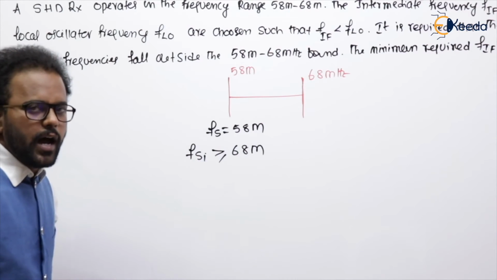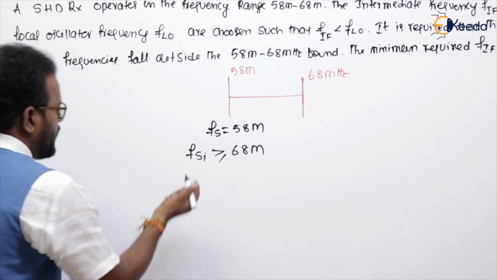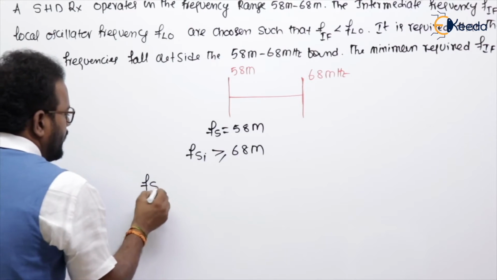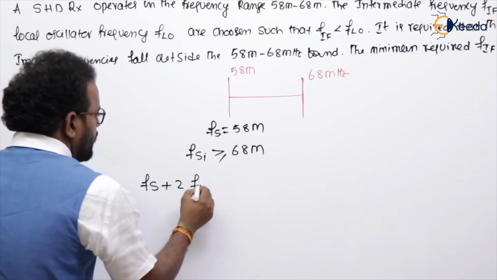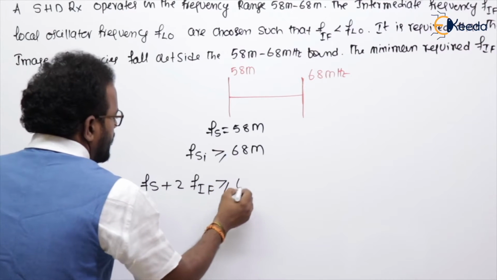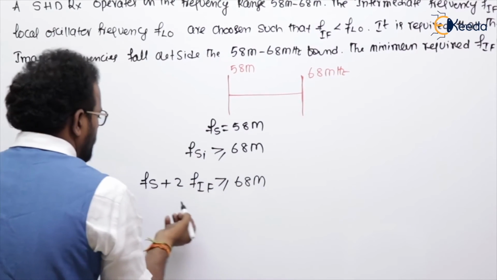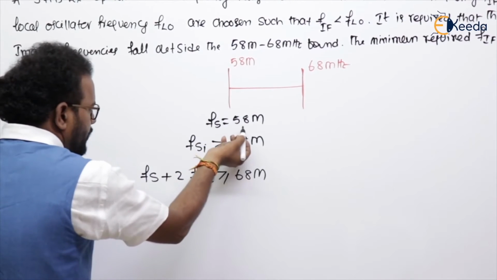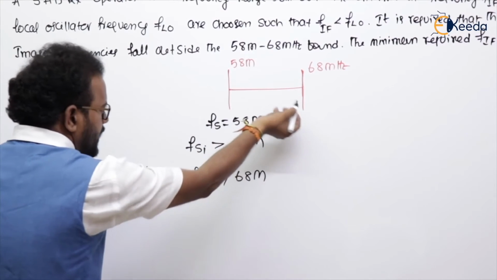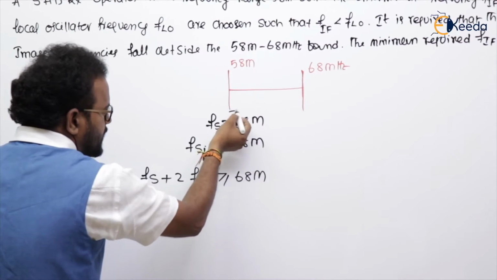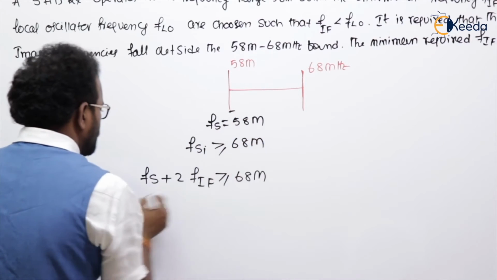Then what is the FIF value? What is the image frequency formula? Fs plus 2 FIF greater than or equal to 68 MHz. Then the Fs value, minimum we take here. This you can take or this you can take. If you take this, less than this. If you take this, greater than this.